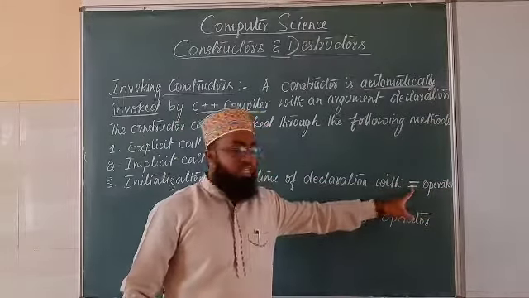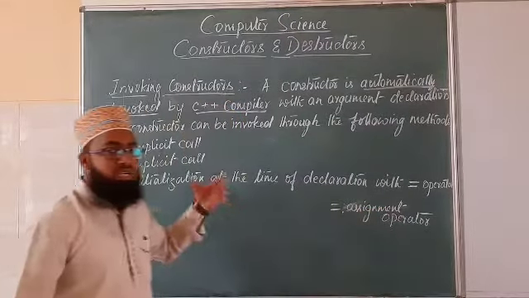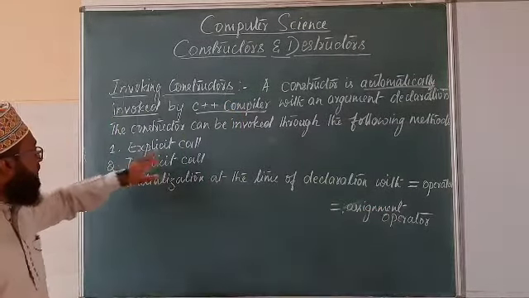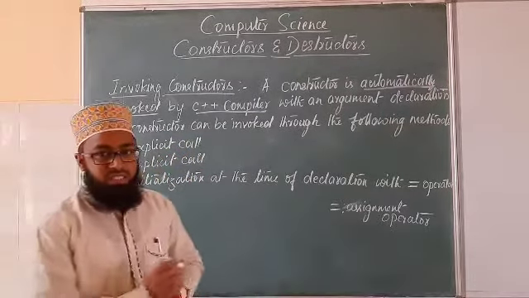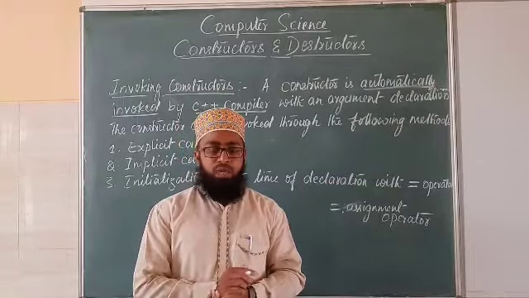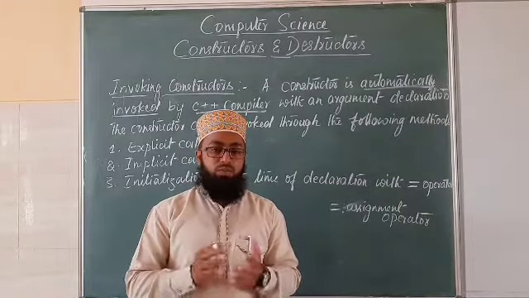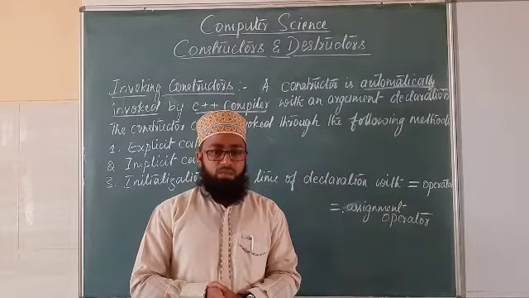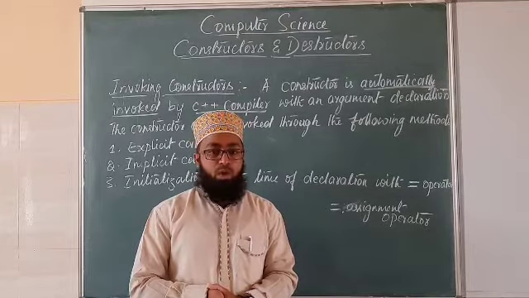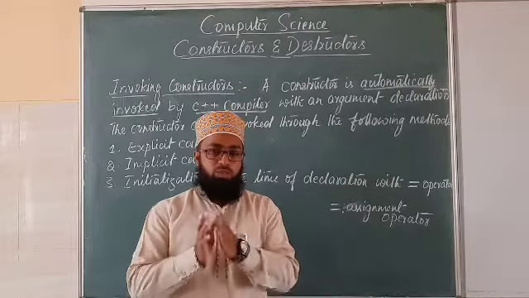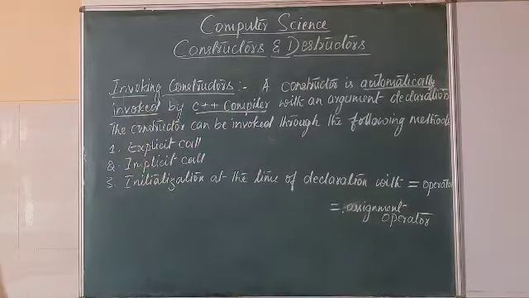This equal sign is called the assignment operator. Remember this. And now we are going to see the explicit call. In previous classes, under default constructor and parameterized constructor, we used implicit and explicit functions. Now we are going to discuss what is meant by explicit and what is meant by implicit.